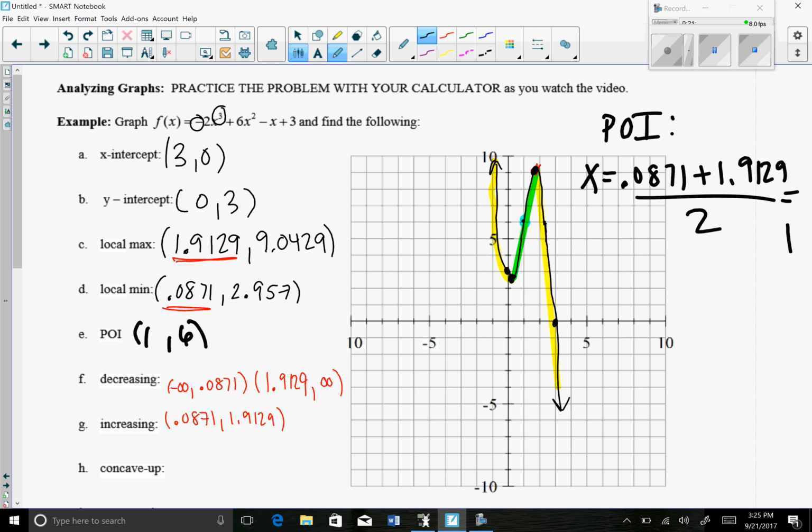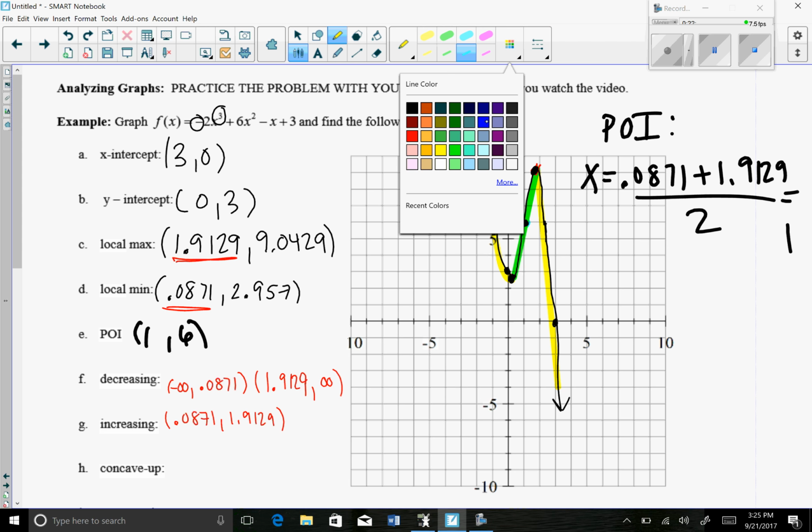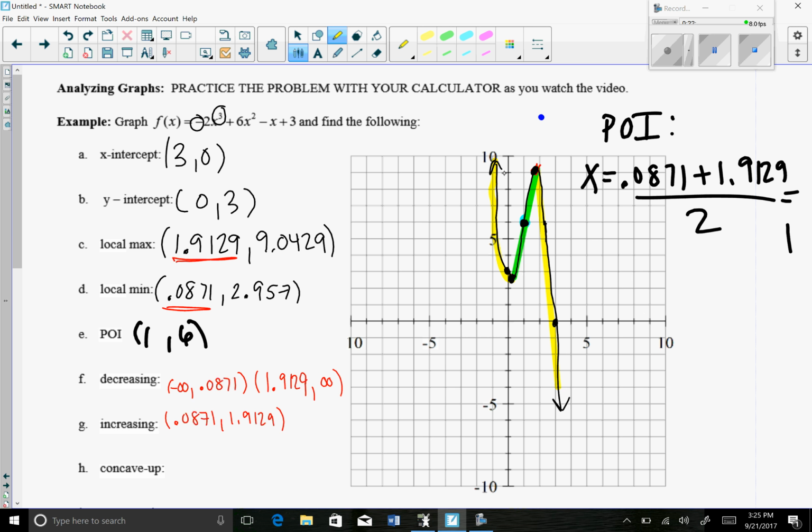And you can see then, if we look here, my guesstimate was correct for where I thought my point of inflection was. Now we can use that to find the places where our graph is concave up or concave down. So from here to my point of inflection, it looks like my graph is concave up because the curve is bending upwards.